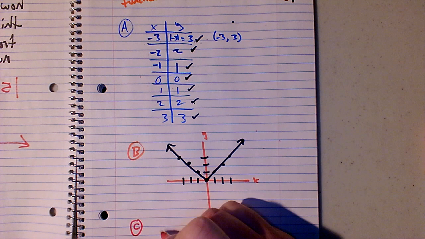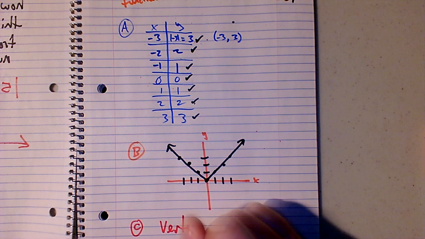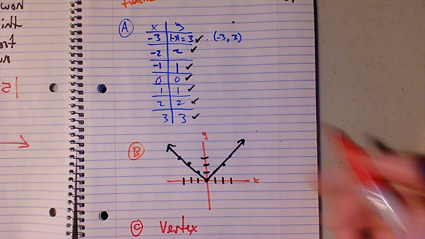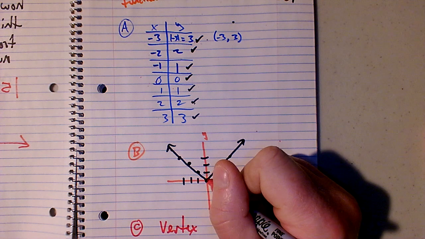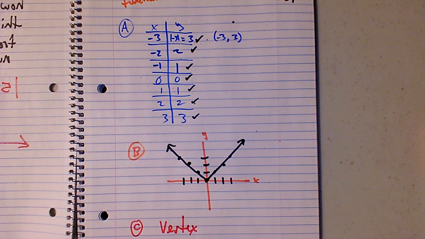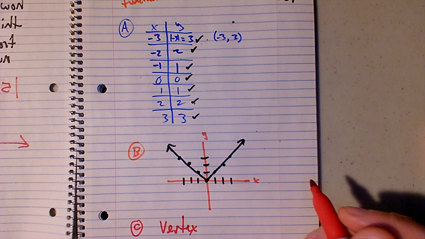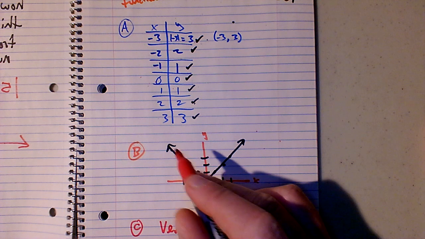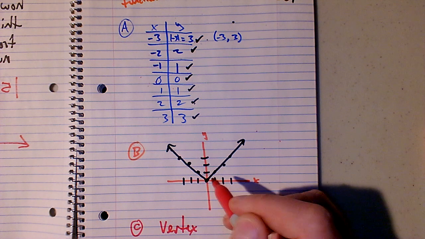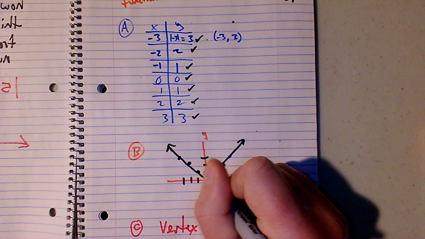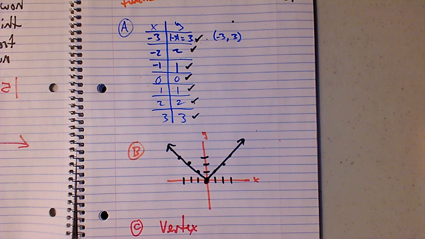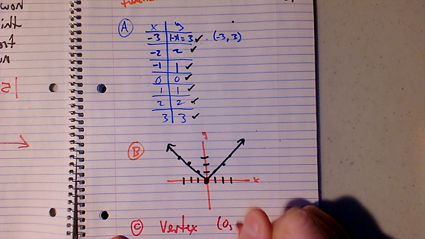Part C asks where the vertex lies. Now, the vertex is the point that forms the V. It's where the two rays come together, intersect, that forms the V. Or, another way to look at it, it's the highest point or lowest point of your curve. So in this case, with our absolute value, the lowest point is right there at point 0, 0.